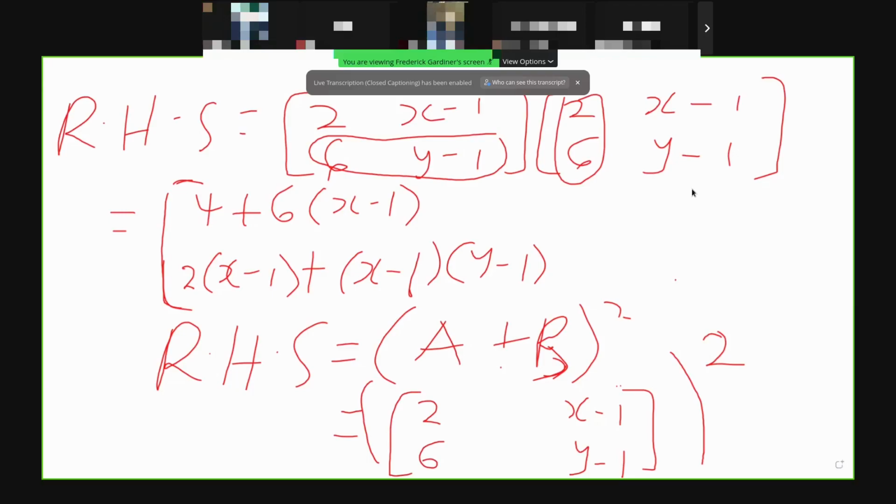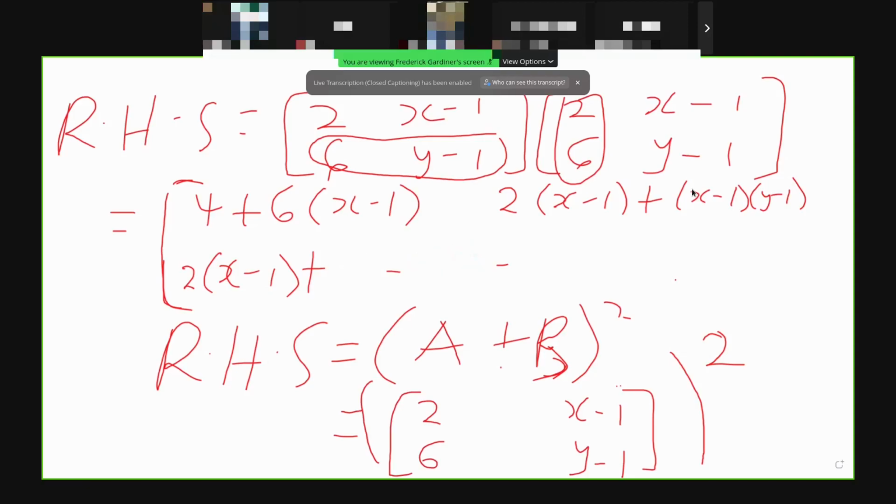Sorry, please, I think I have to rewrite this. I didn't write it well. It's supposed to be 2 plus 6 times x minus 1, and x minus 1 times y minus 1. This is how it's supposed to be.